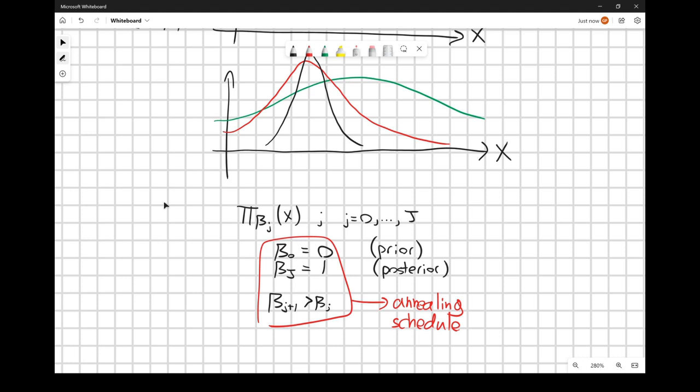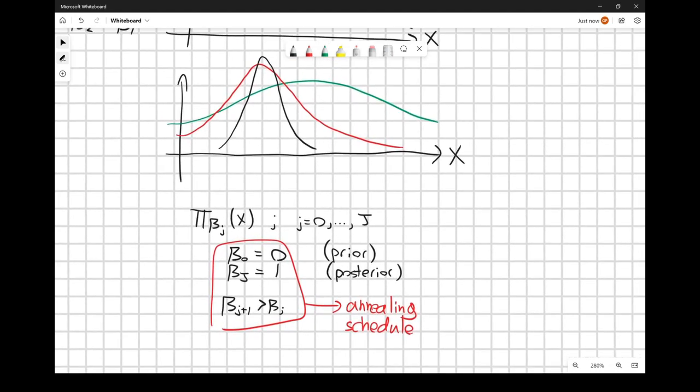The probability density of your target can become concentrated very quickly, or multiple modes can appear very quickly. However, if you do it too slowly, then that's a wasted computational resource, so your algorithm will be suboptimal. So the annealing schedule is something that needs careful consideration, and something we'll talk about later in the video.